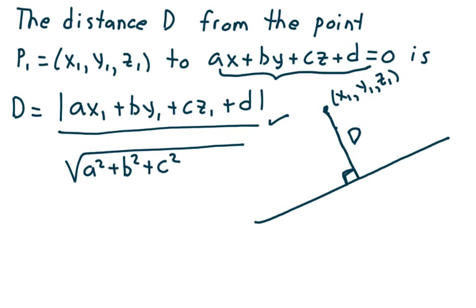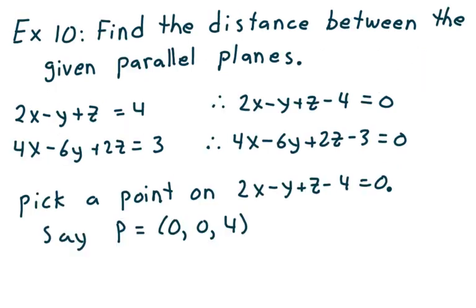Because if you don't set it to 0, it's going to throw off what your value of small d is, and it'll also throw off what your distance would happen to be in reality. So we want to make sure any plane we're dealing with is set to 0.